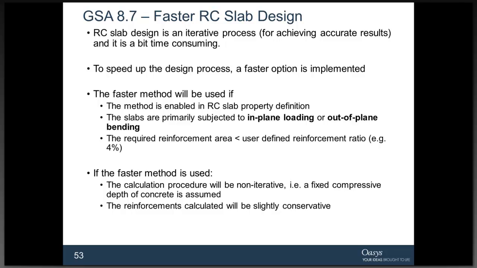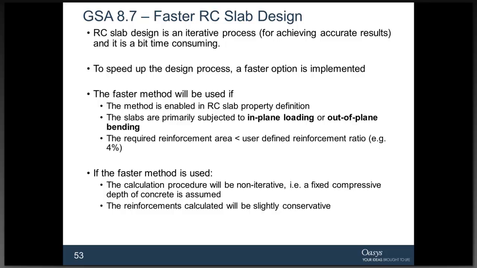The second condition is the loading for the slab: either primarily in-plane loading or primarily out-of-plane bending. If in-plane force and out-of-plane bending are roughly even, the fast method results will not be accurate, so it will not be used.